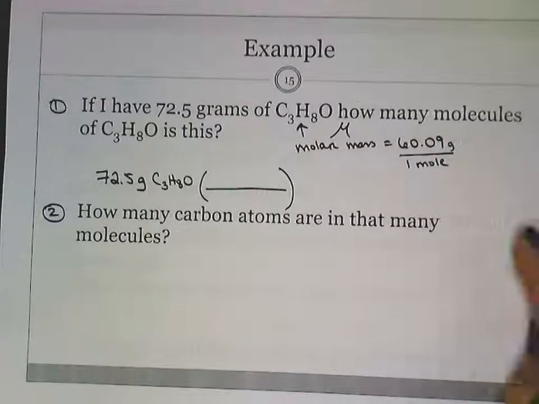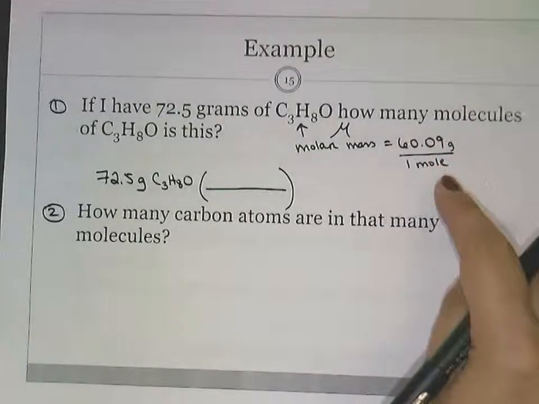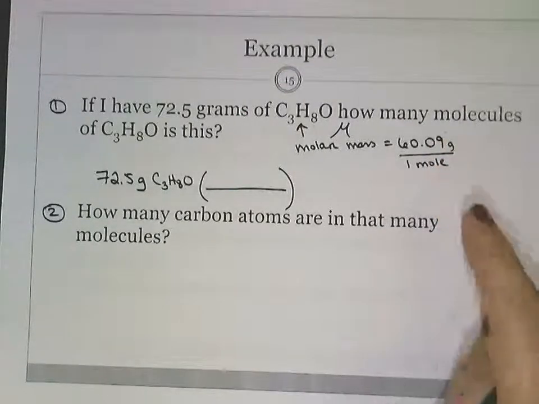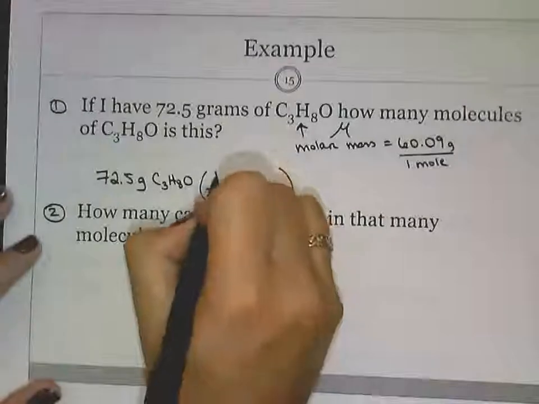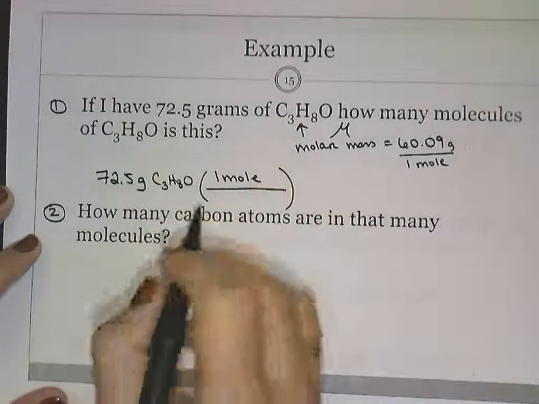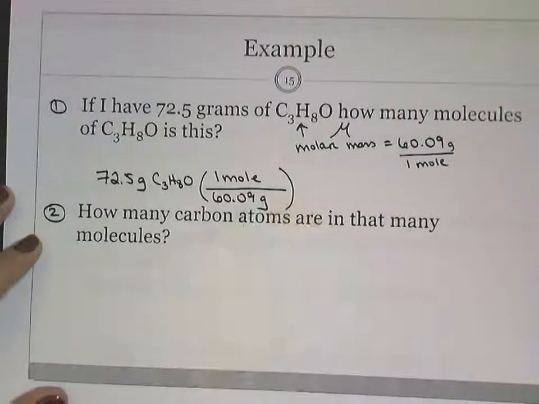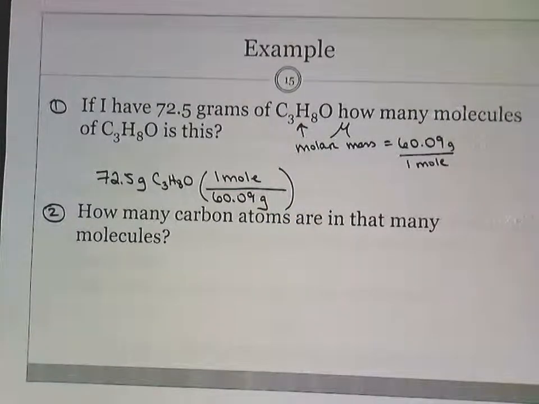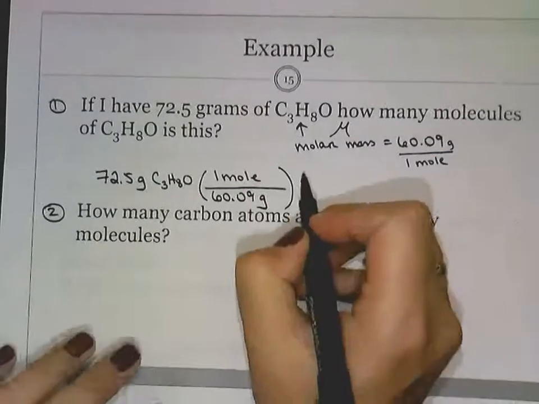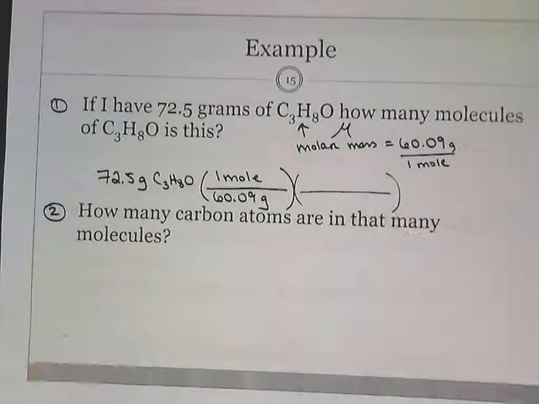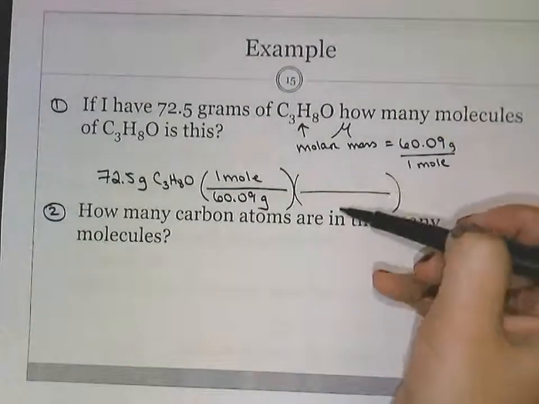Do I use it as is, or do I need to invert it? Okay. What units would I now be in if I stopped right here? Moles. I want to go all the way to molecules, though. So what is my next step? Avogadro's number. Do I put Avogadro's number on top or on bottom? Top.